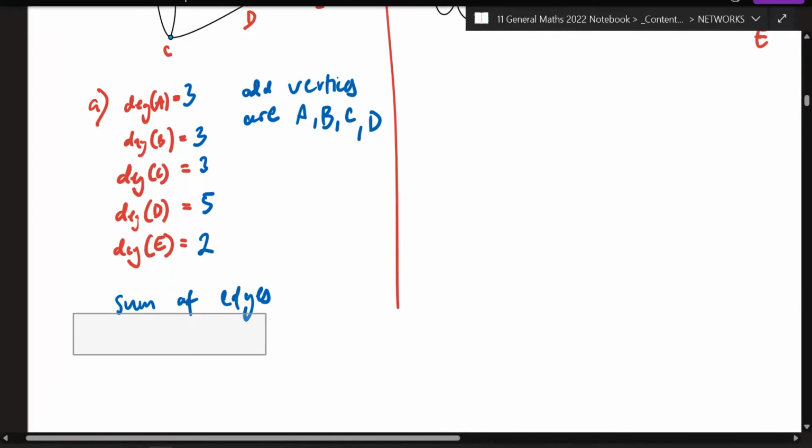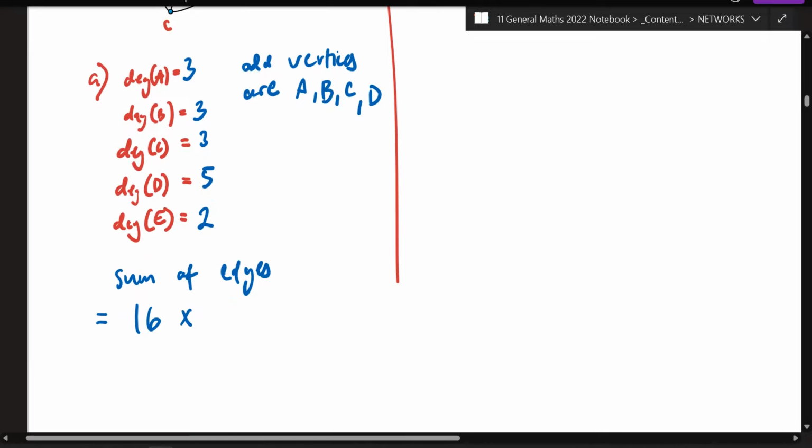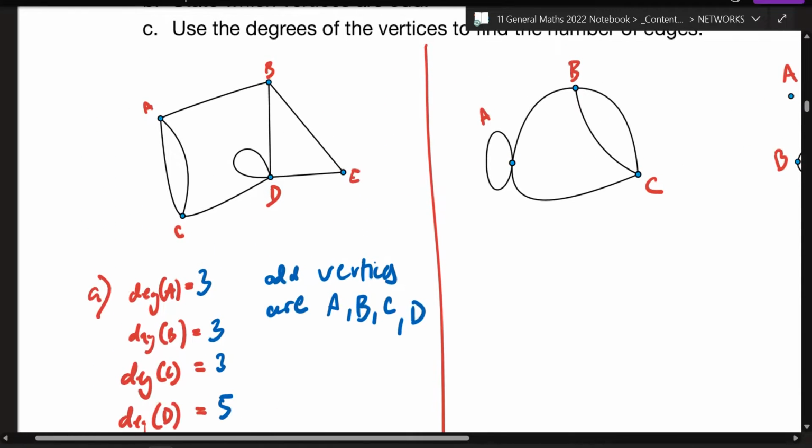Let's count them; maybe you miscounted something. 3 plus 3 is 6, plus 3 is 9, plus 5 is 14, plus 2 is 16. So the sum of the degrees is just 16. You can double check: 1, 2, 3, 4, 5, 6, 7, 8 edges. What's 8 times 2? 16.